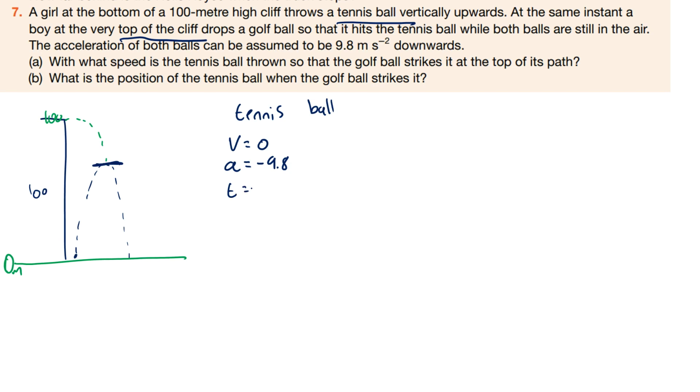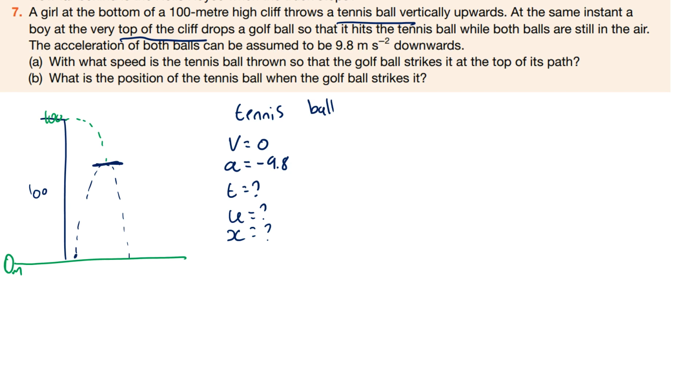We don't know what t is, we don't know what u is, and we don't know what the displacement is. So we don't have a lot of information, but we'll just leave it there for a second.